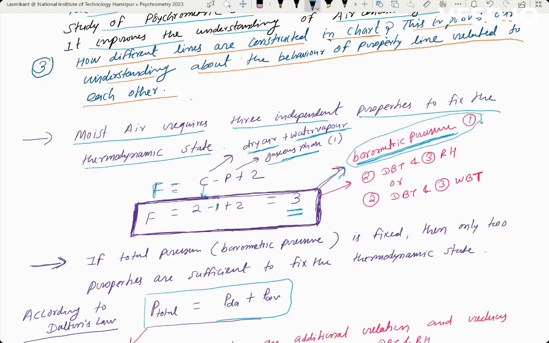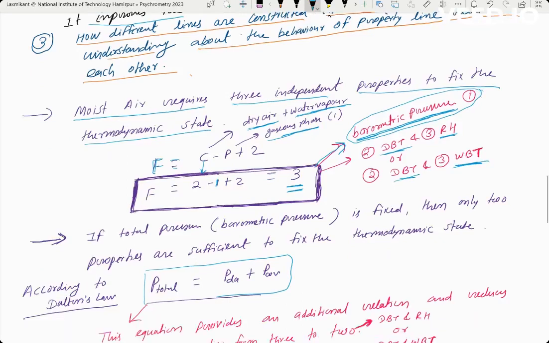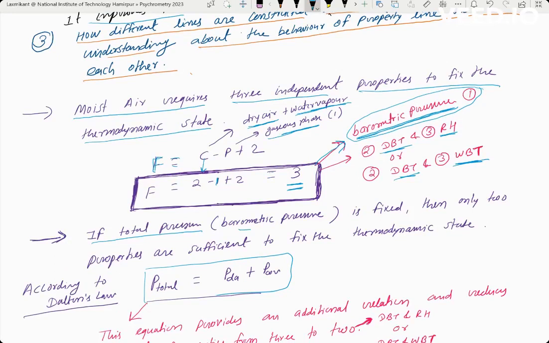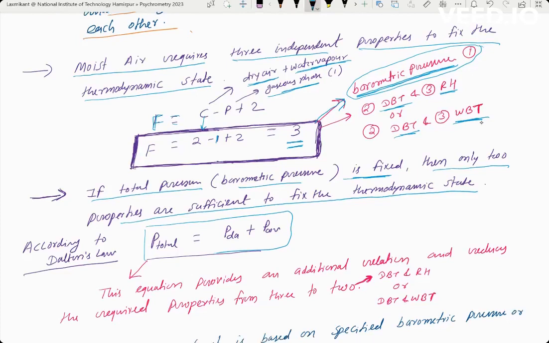After this, we have to provide either dry bulb temperature and RH, or dry bulb temperature and wet bulb temperature. If the total pressure, the barometric pressure, is fixed for a particular location, then only two properties are sufficient to fix the thermodynamic state, because the total pressure is equal to Pda plus Pw, that is, the partial pressure of dry air plus the partial pressure of water vapor.